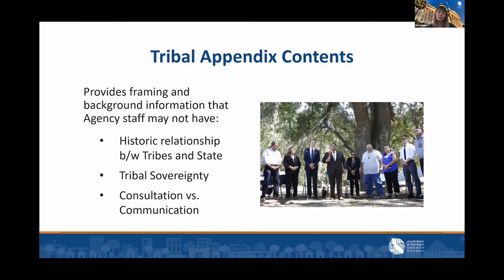And also some information around tribal sovereignty that will be important to understand, as well as the difference between consultation and communication with tribes. The formal consultation process through CEQA, for example, is very different than communication with tribes through technical assistance.